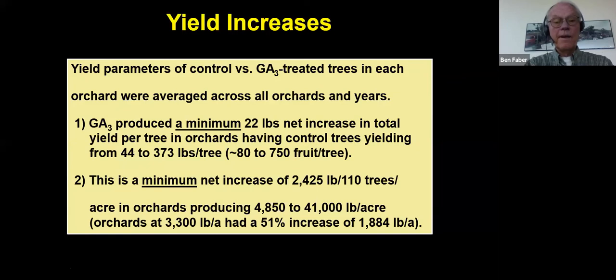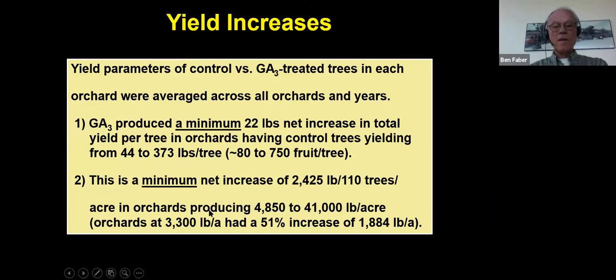So this is a minimum, almost a 50% increase with the trees that were only producing 44 pounds. If you're looking at 110 trees per acre, you're looking at about 2,500 pounds increase per acre. That's a minimum.